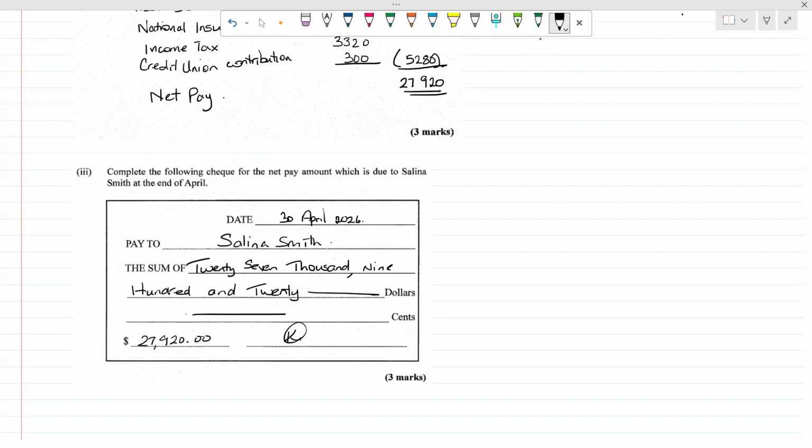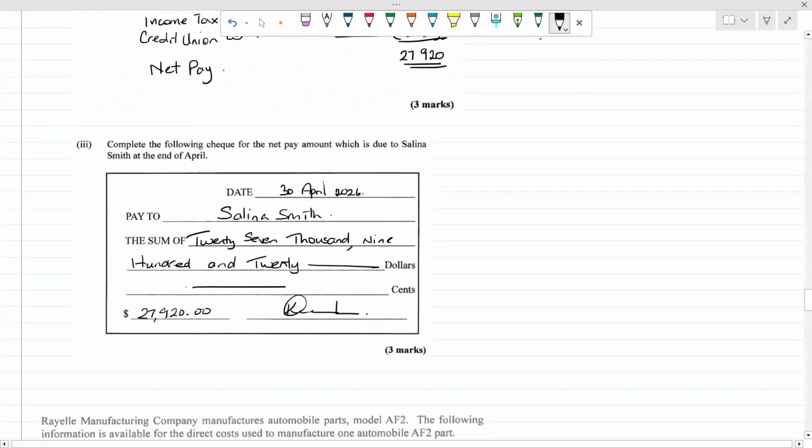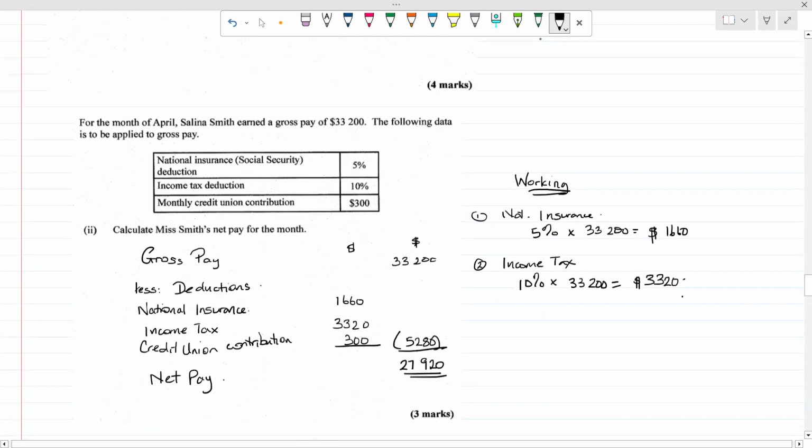And just sign the signature there. All right, that's what our check would look like, and that's the end of this question.